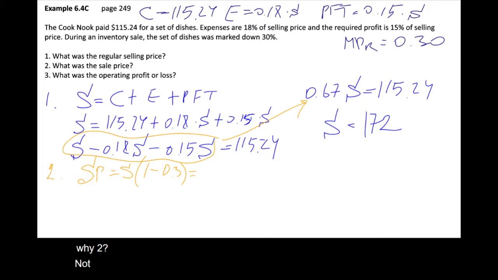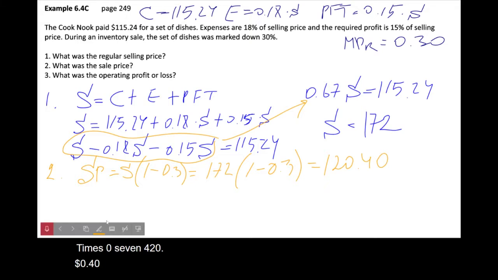Not 0.3, that's 0.18 and 0.15 is 0.33. Okay, so 172, 1 minus 0.3, times 0.7, what is 120 and 40 cents. Yes or no, guys?